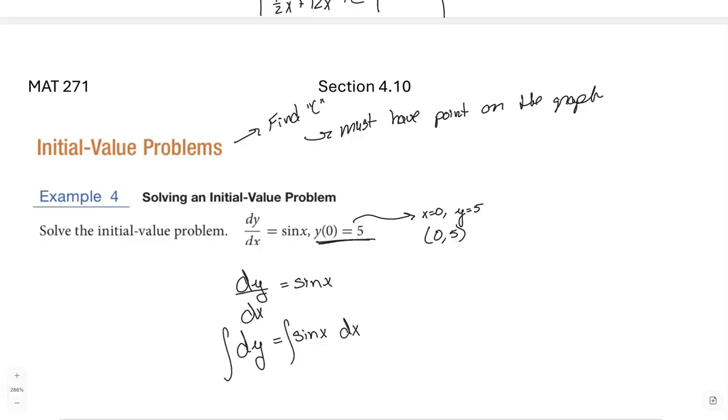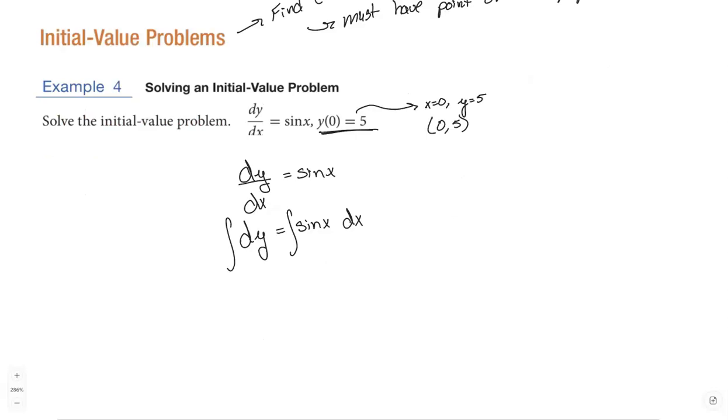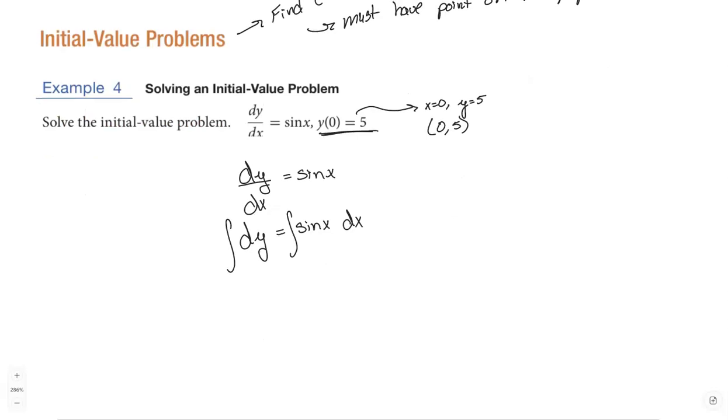And now we have done what's called separating variables, and we can integrate. And remember, there's an understood 1 in front of that dy. So when I integrate a constant, I'm going to get 1 times y here. And then over here, when I integrate sine, I'm going to get negative cosine of x. And then we're going to have a plus c.